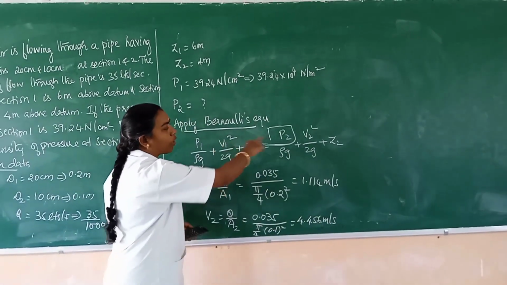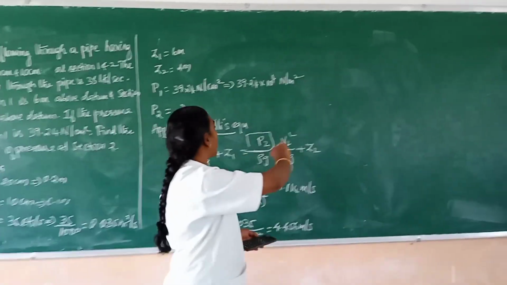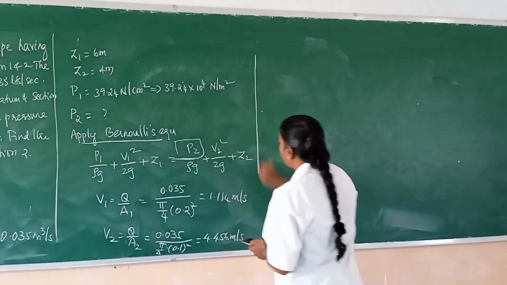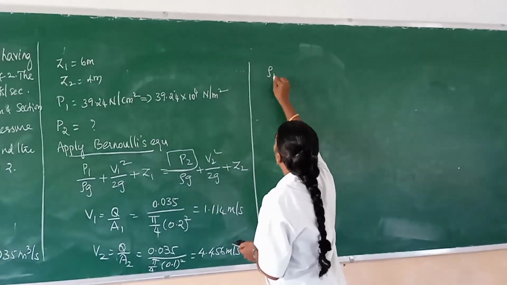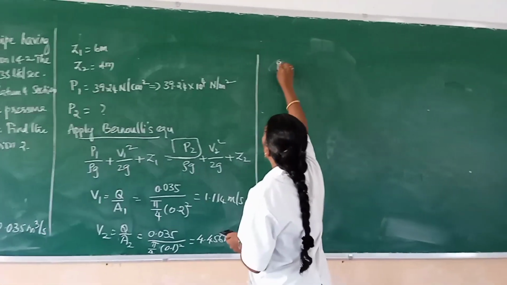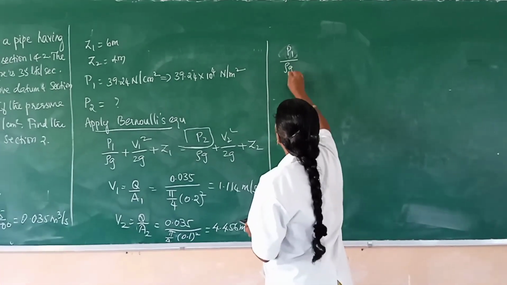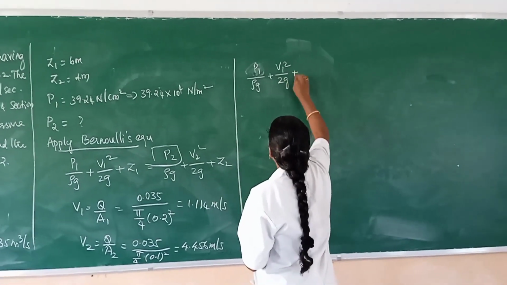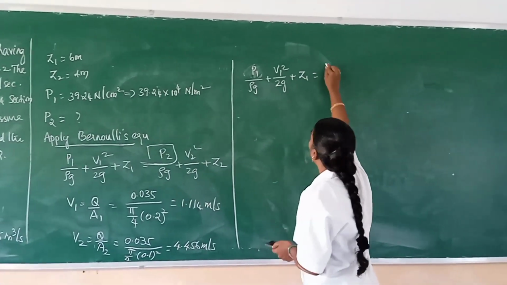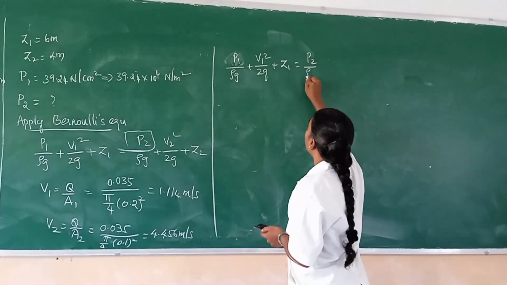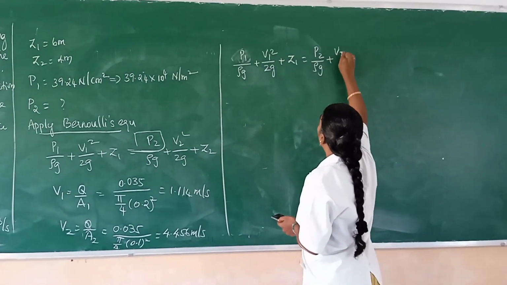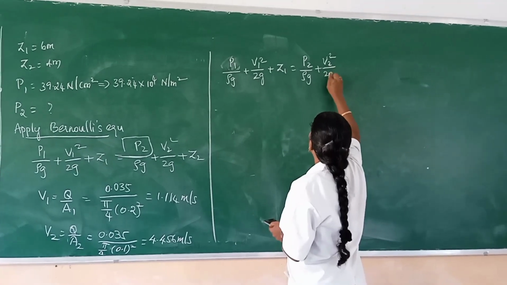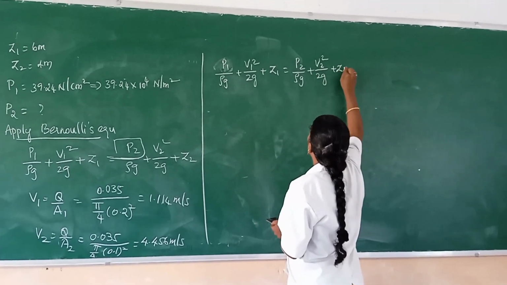We get the V1 value and also the V2 value. Now we can apply Bernoulli's equation, that is, P1 by rho g plus V1 squared by 2g plus Z1 is equal to P2 by rho g plus V2 squared by 2g plus Z2.